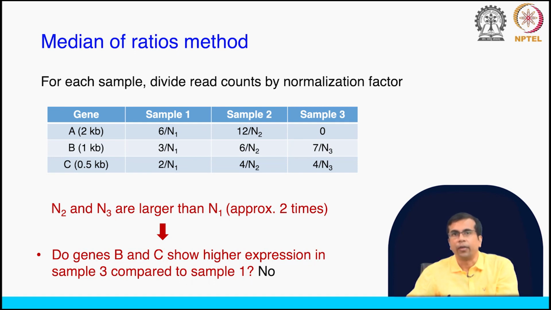So, now we can answer this question correctly: do genes B and C show lower expression in sample 3 compared to sample 1? That is actually no. There is almost no difference in expression between sample 1 and sample 3. You can see now that the normalization factor N3 is approximately 2 times the normalization factor N1. Of course, if you have to do this for a large number of genes, you cannot calculate just the median by hand, but just as an example this holds.